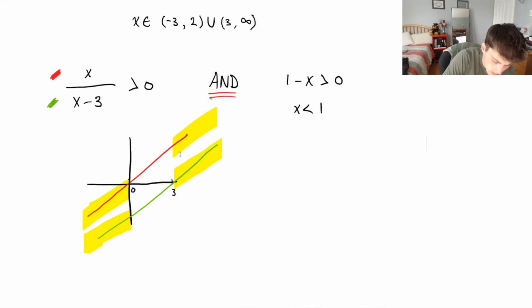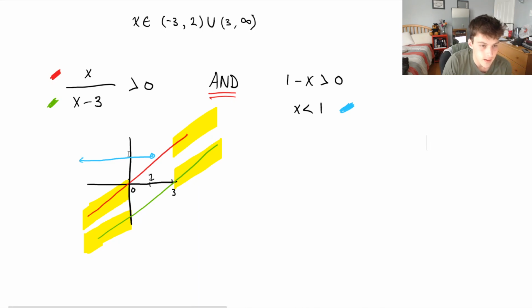So let's draw number 1 on this number line. And we're going to use the color blue just to represent the region. So x has to be less than 1, right? Which means that x has to be in this region here, right?